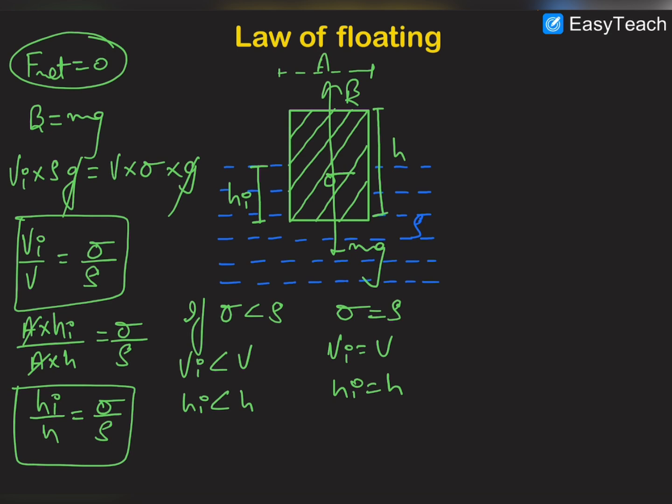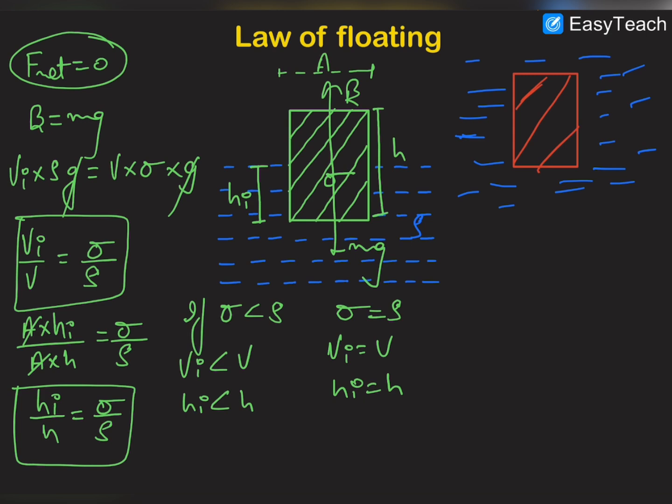Let us draw a block, and this block will be floating inside the liquid completely, which means that its top would be inside the liquid, but this would be floating also, because obviously the buoyancy will be balancing out mg.